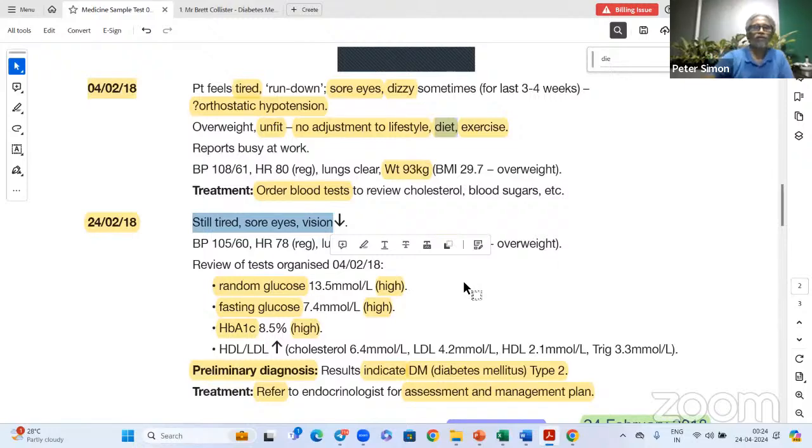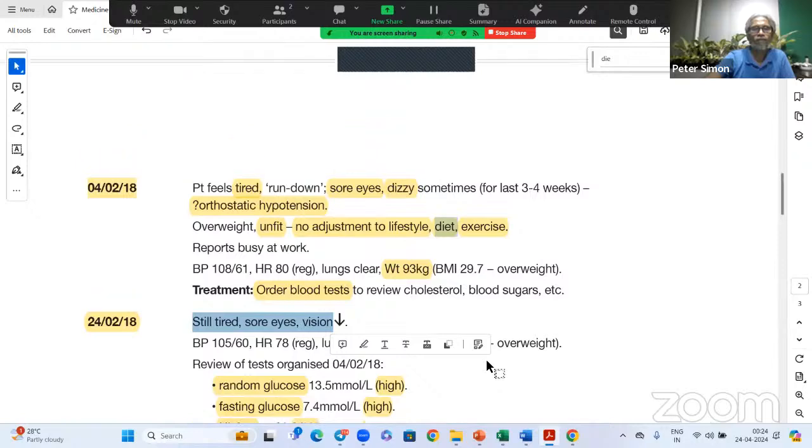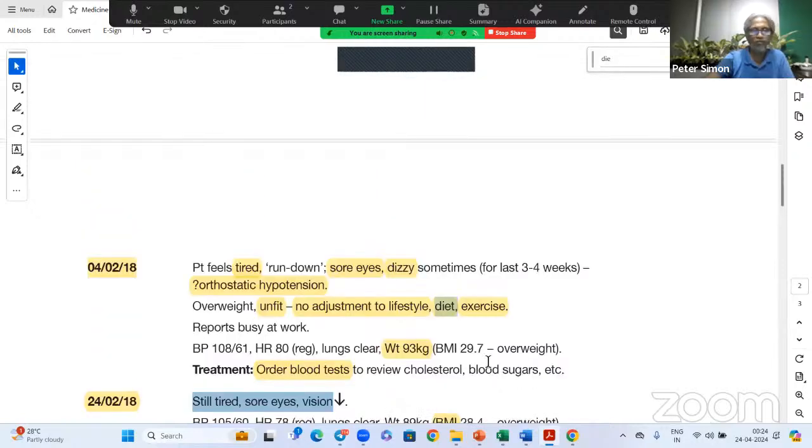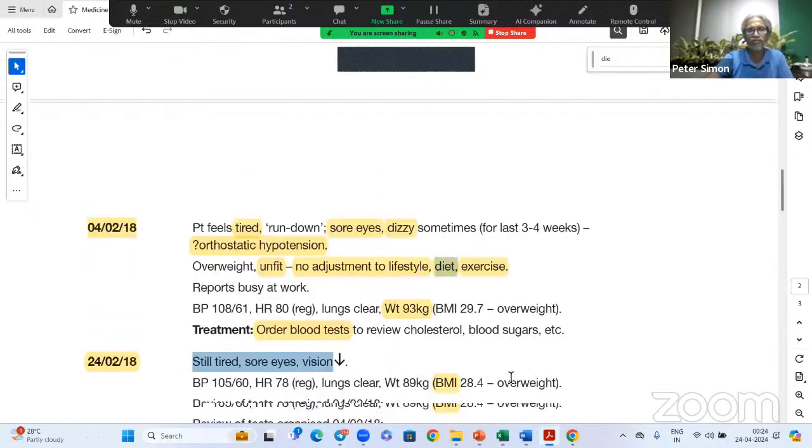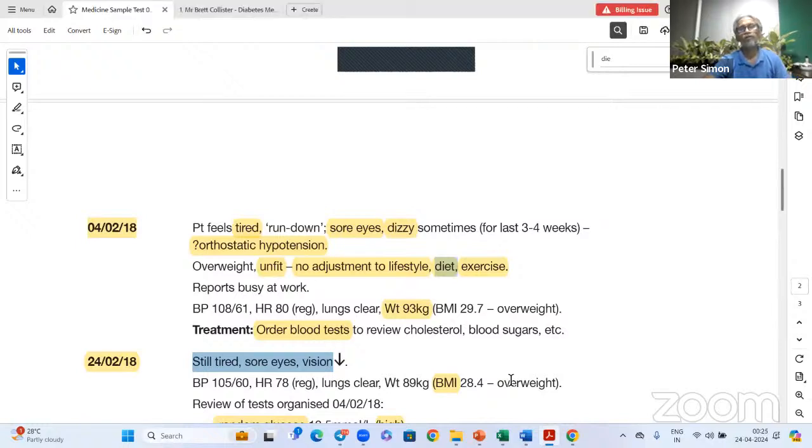Then you can tell the other points about the history: family history, social history, personal history, everything. His lifestyle, all these things. So his medical condition, first paragraph.